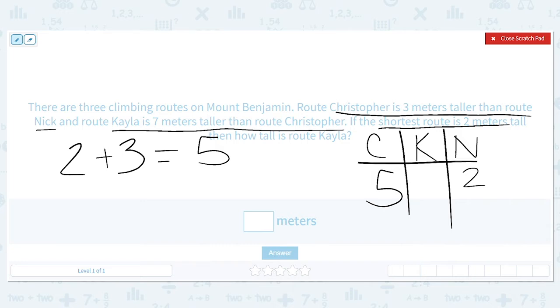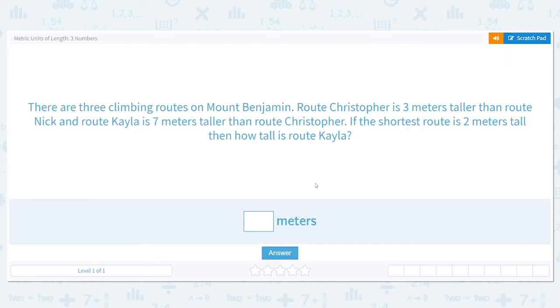It says Kayla is 7 meters taller than Christopher. Christopher is 5. So 7 plus 5 equals what? 12. So that means the Kayla route is 12 meters.